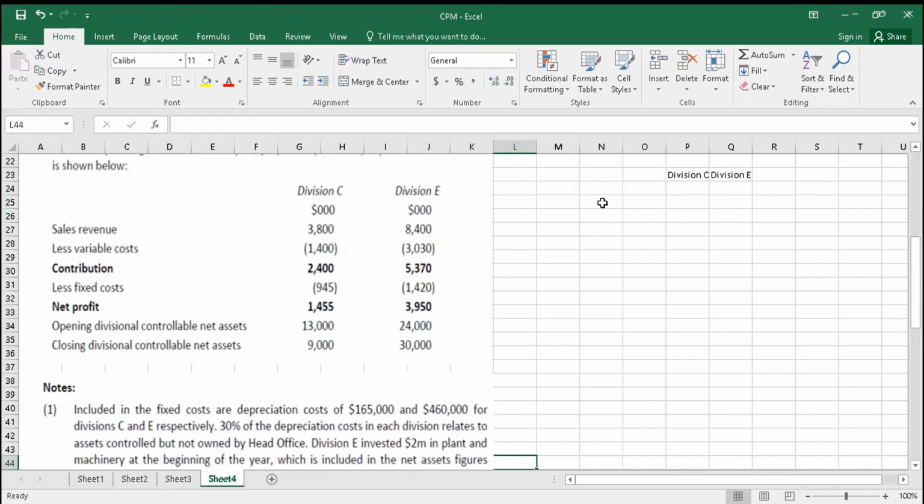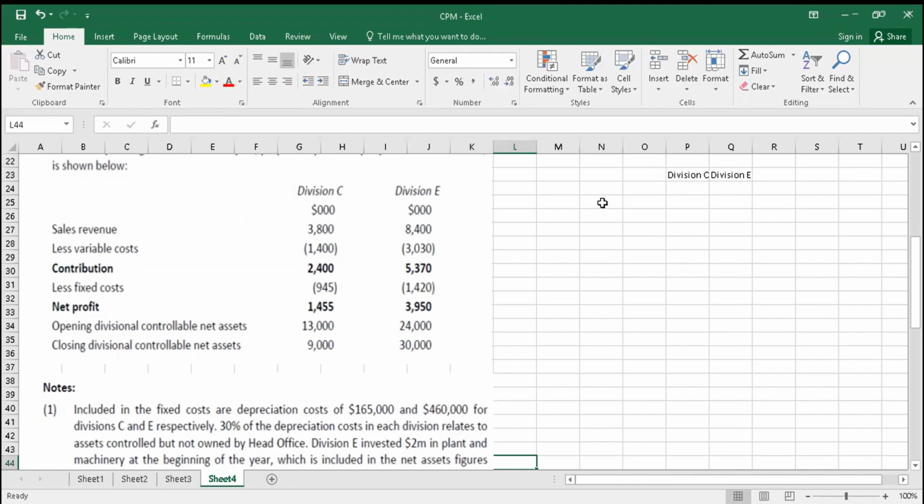Those are uncontrollable. They're committed costs. So we have to eliminate these amounts from fixed costs. From contribution margin, only those fixed costs which are controllable in nature have to be deducted.